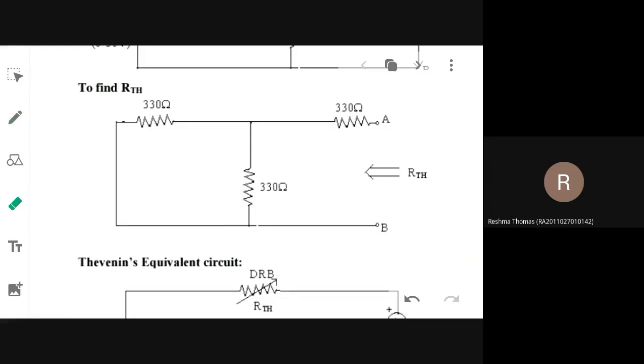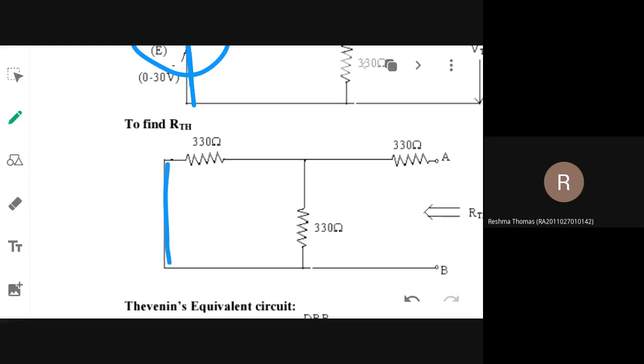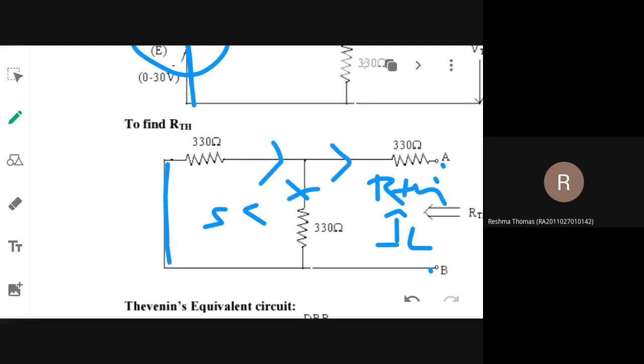You have only a voltage source here, so you have to short it. That is what they did here, only short circuiting. Then from these terminals where you are supposed to calculate IL, you calculate R Thevenin by looking back. If you are assuming current division like this, these two are connected in parallel.